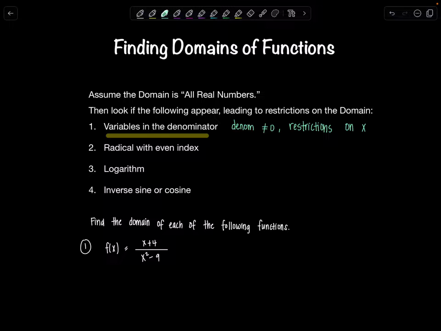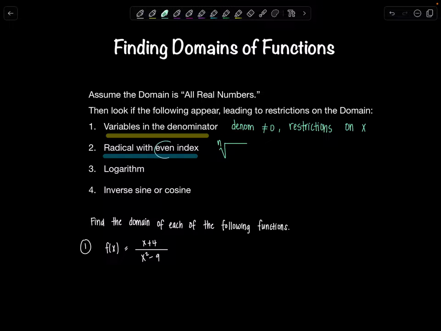Second scenario to look out for is if you have a radical with an even index. So say you have some radical either in the numerator or denominator or wherever, and the index is this number right here. n is the index.